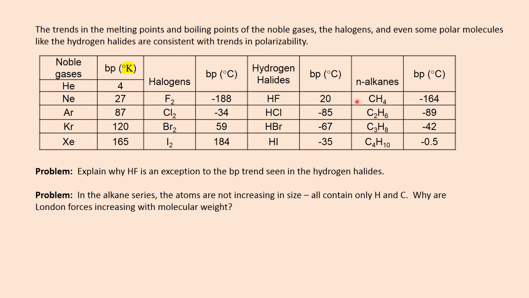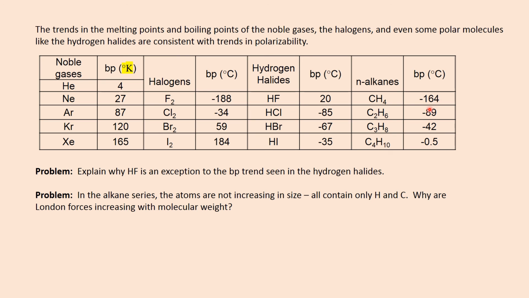The last series here is an alkane series. So here we're not changing any atoms. They all have carbon and hydrogen, but we're changing the number of them. So the polarity is really not changing. They're all hydrocarbons. And the size of the atoms is not changing. We can't allude to polarizability as a reason why the boiling points are decreasing.